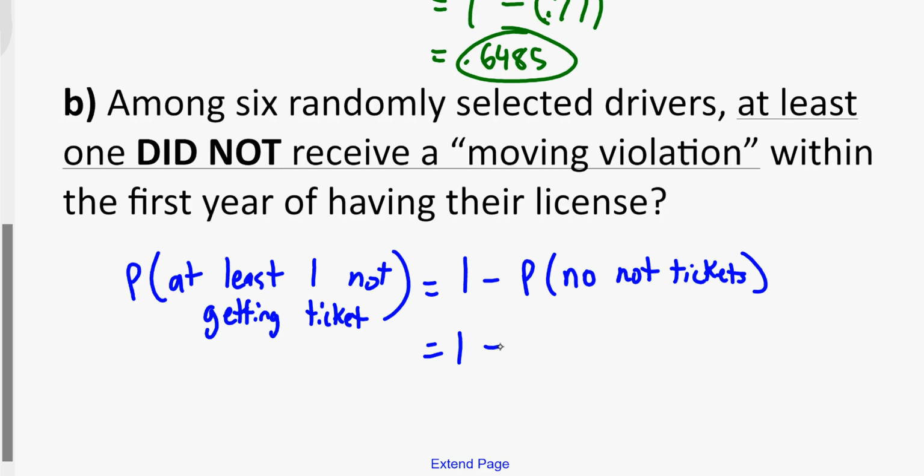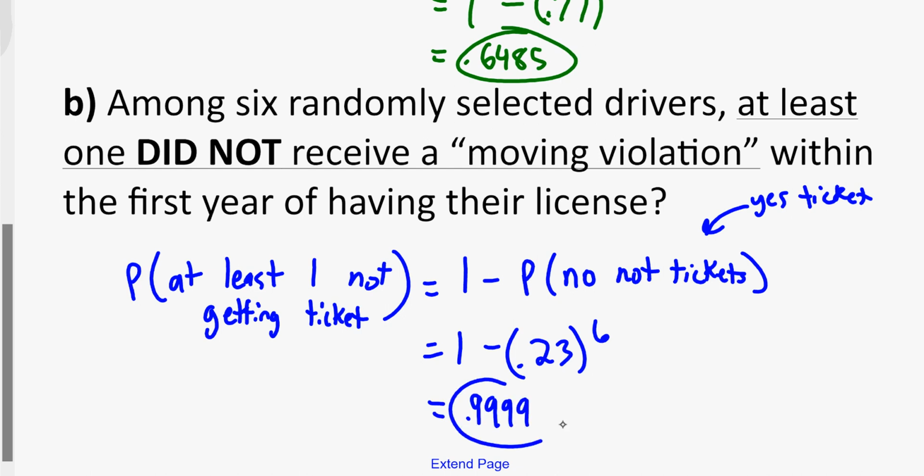Probability of no one getting a ticket was 0.77. So the probability of no one not getting tickets is all of them getting a ticket. So that's 0.23. That means yes ticket. Double negative there. So it's 0.23 to the 6th power, which gives us a 0.999 chance. It's almost certain. And if it keeps going on like that, we can put this little plus symbol here to show that it's just going to keep going. It's almost certain that at least one did not get a ticket.